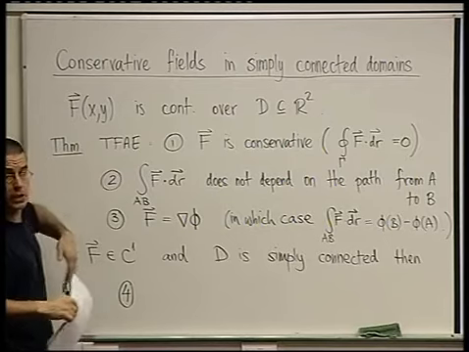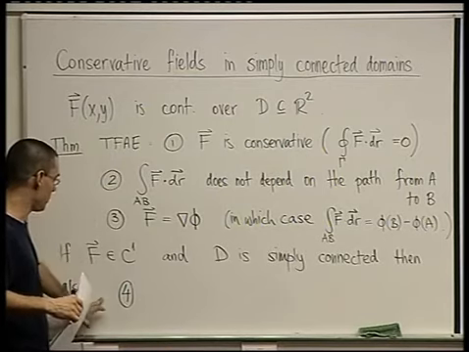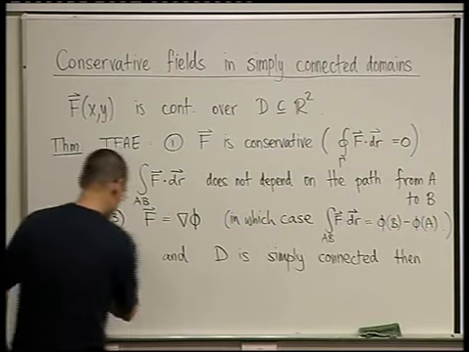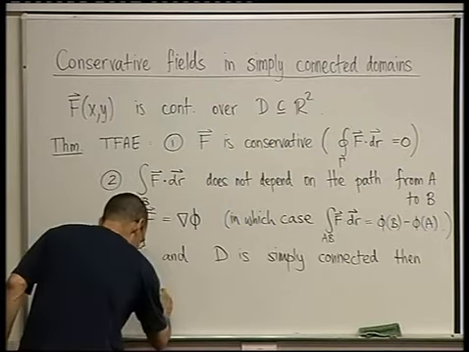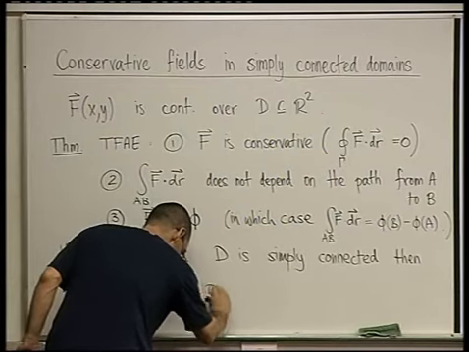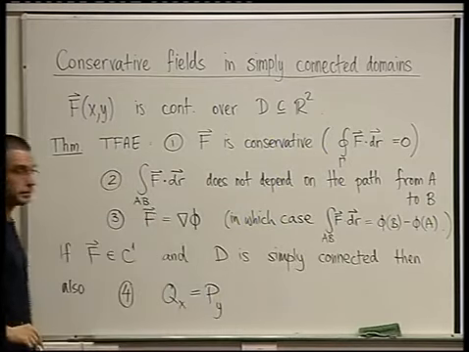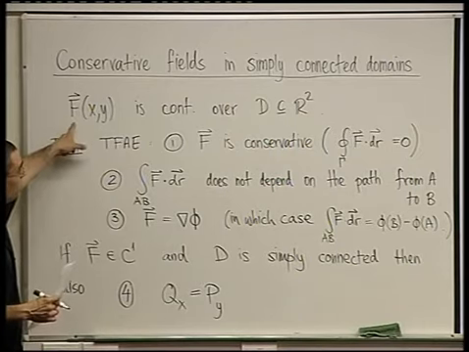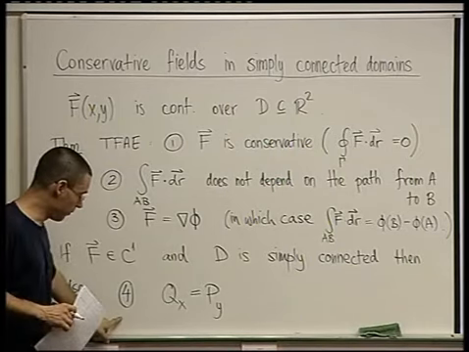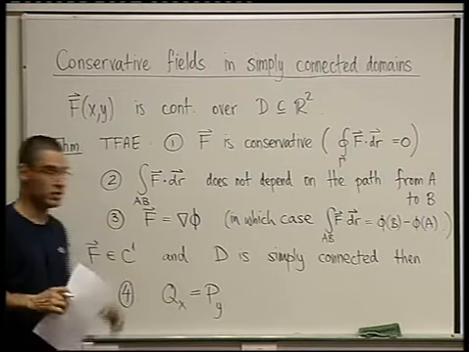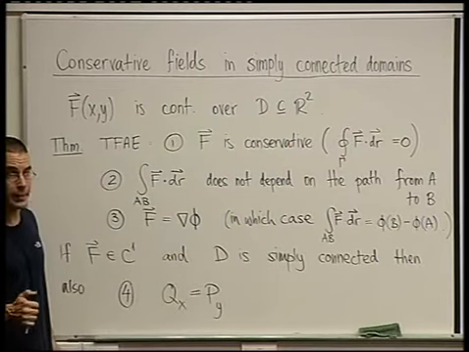They're all if and only ifs. 3 if and only if 4 if and only if 1 if and only if 2. Also 4, and 4 is Qx equals Py. Remember, F has two components, P and Q, and the fourth property is that the derivative of Q with respect to x equals the derivative of P with respect to y.